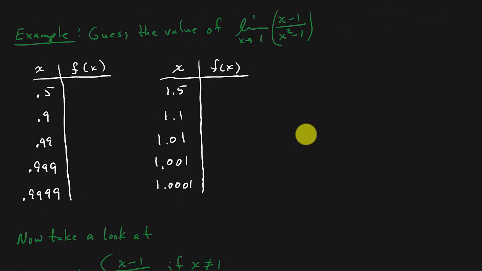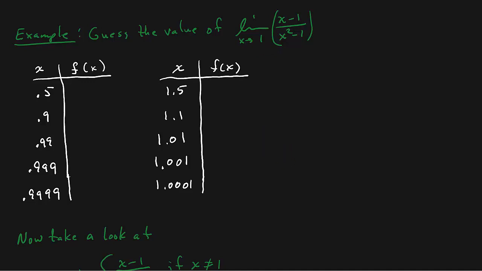Students tend to struggle with limits quite a bit when they're evaluating them. So let's look at this. Guess the value of the limit of x minus 1 over x squared minus 1 as x approaches 1. Now what we're going to do is make a table of values.